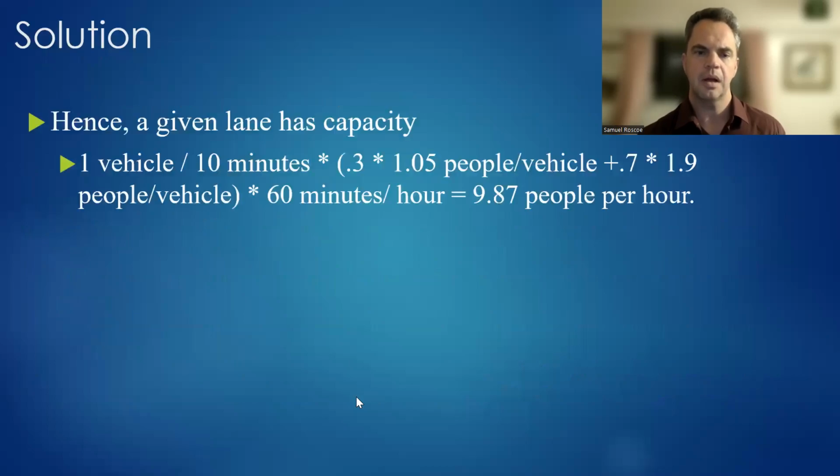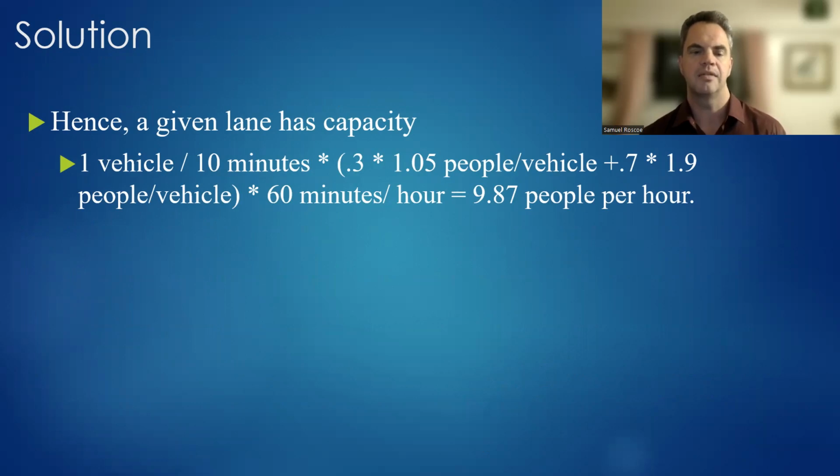And we can begin to do some calculations. So when we look at the lane capacity, we know that we can have 1 vehicle every 10 minutes. So we have 30% of our volume as trucks at 1.05 people on average. And then we know that 70% of our volume on a particular lane is cars.